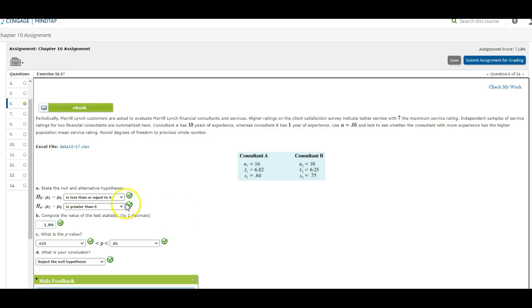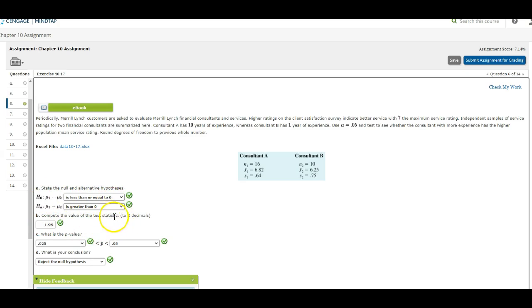And therefore, the null hypothesis would have the difference to be less than or equal to 0. Less than being maybe consultant B has a higher rating. But assuming they're both equal, less than or equal to 0.